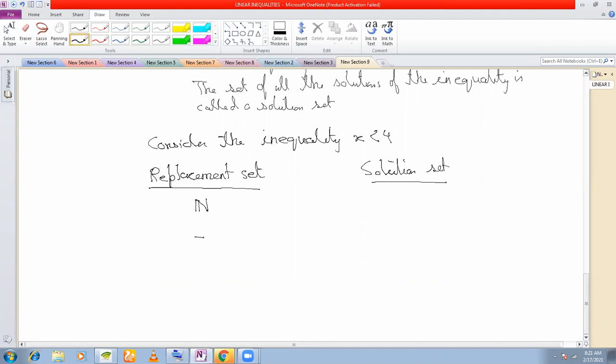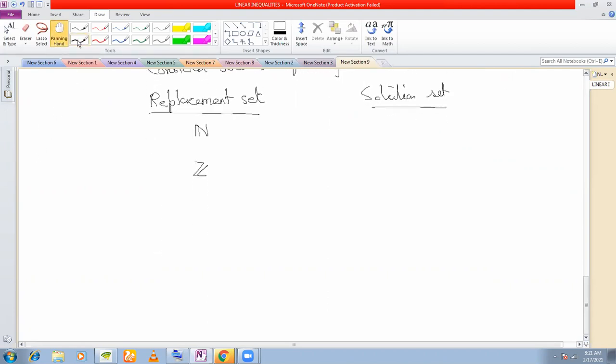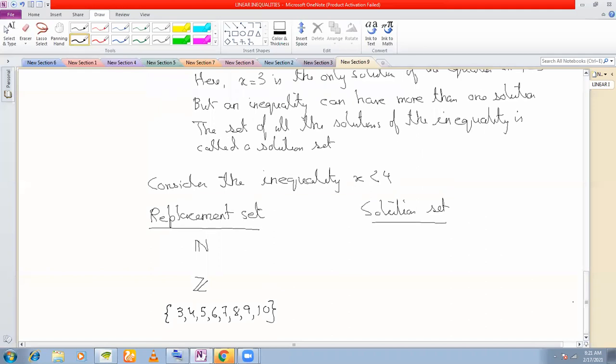Then I give you the replacement set as the set of integers. And then I give you another set as a replacement set. Then, depending on the replacement set, the solution of this inequality will change.